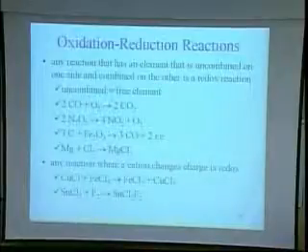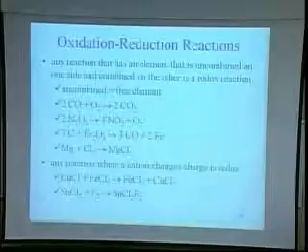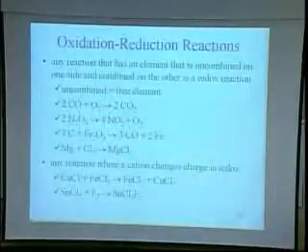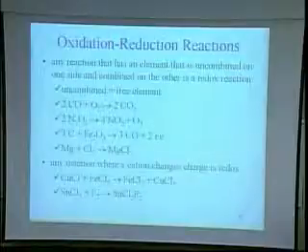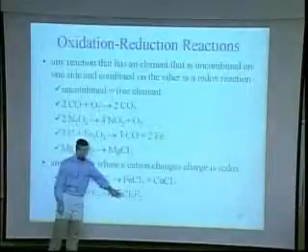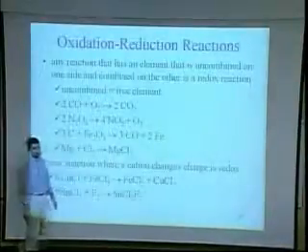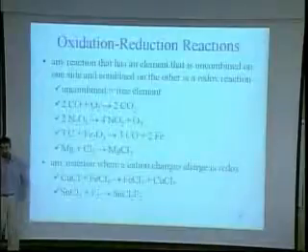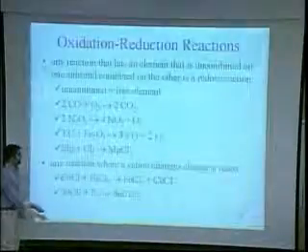Negative 2. 2 Fs make what charge? Fluorines are another negative 2, so together there's a total of a 4 negative charge, right? So that Sn had to have been a 4 positive. Over here it was a 2 positive, and it became a 4 positive over here, so it had to have lost more electrons to do that, so it was oxidized.